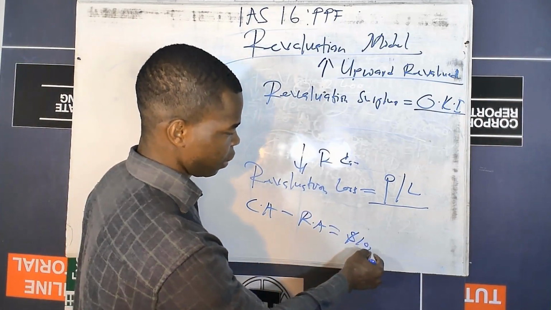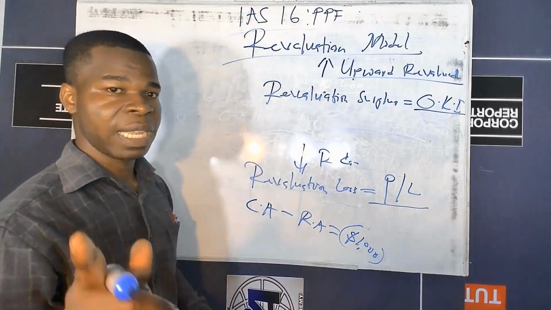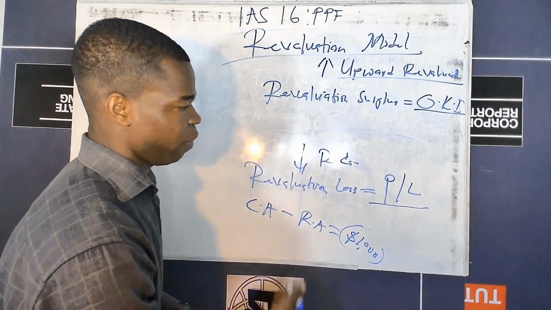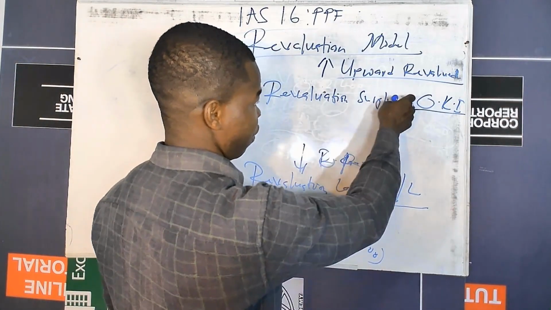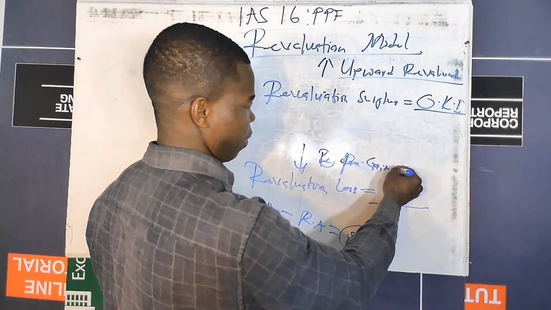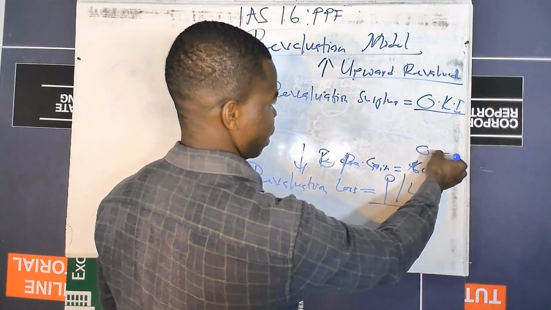and this is giving us a revaluation loss of maybe $1,000. But the question has informed me that there's an opening revaluation gain, this one is revaluation surplus, in the books of $600 in the OCI.